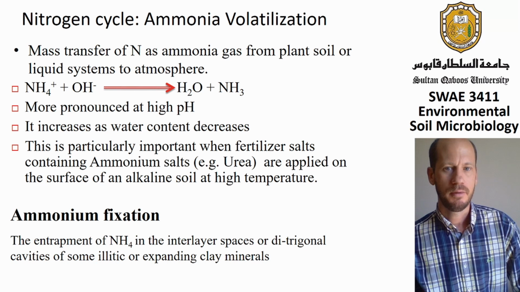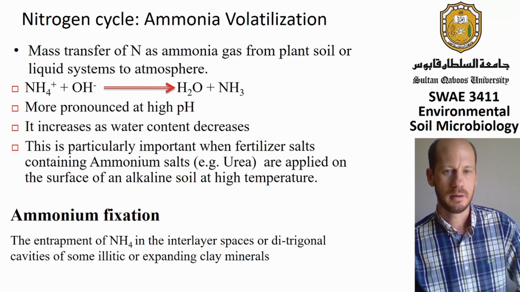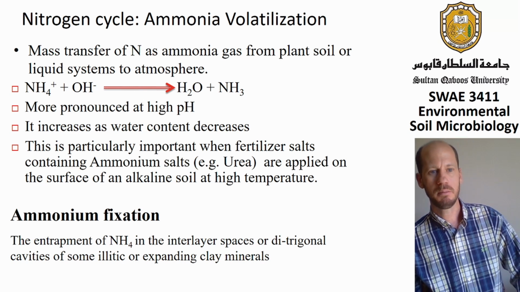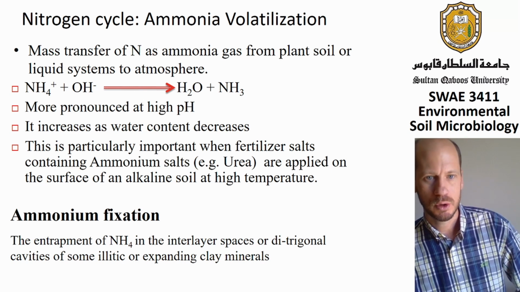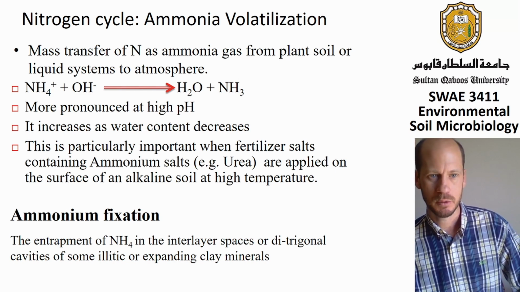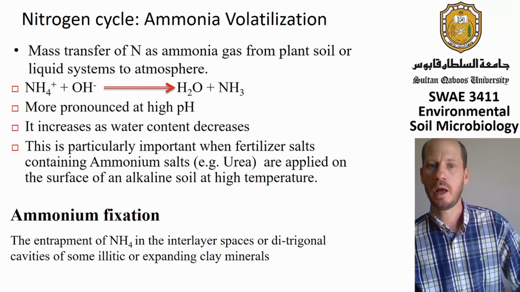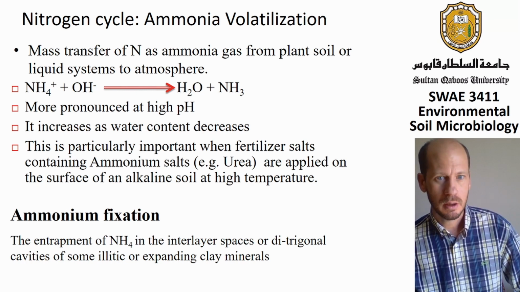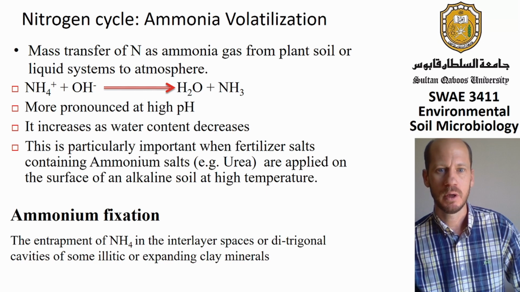So if you build up a high ammonium concentration in soils, you will cause ammonia volatilization. The reason is that ammonium in soil solution is in equilibrium with ammonia in the atmosphere. The higher the concentration of ammonium in soil, the higher the rate of volatilization.